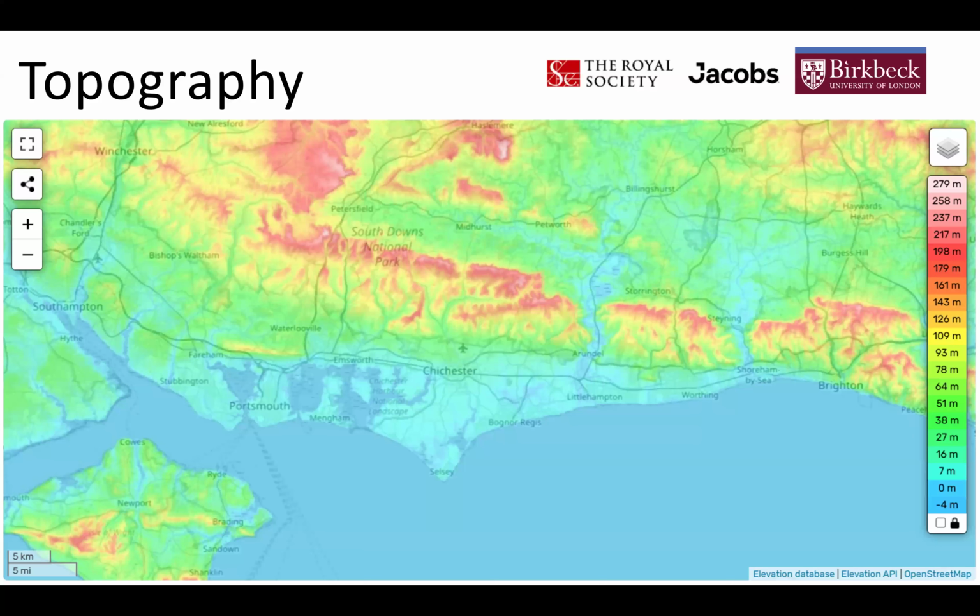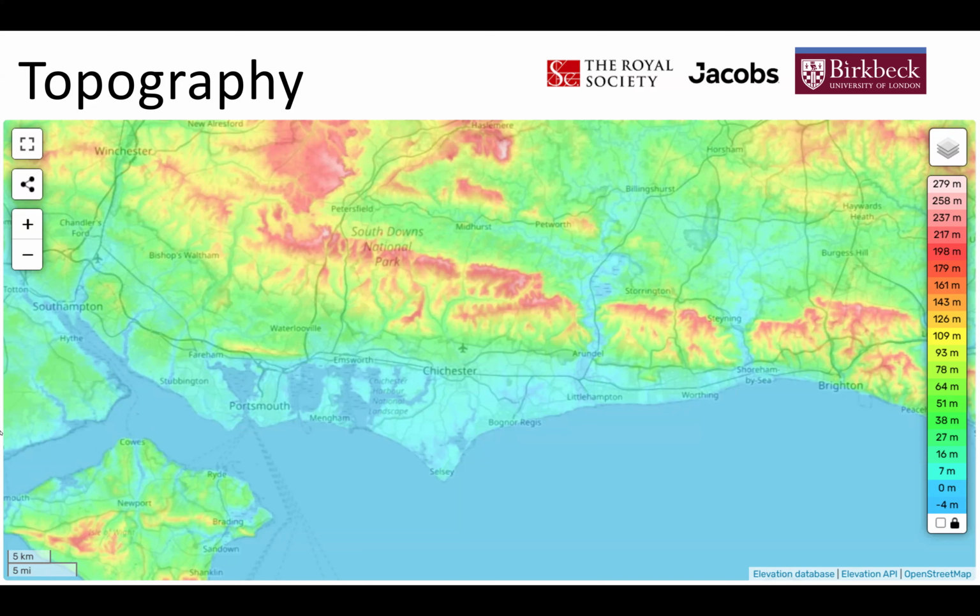And this is what it looks like topographically. So you can see the South Downs coming along from Winchester all the way through here towards Brighton, and then another area of high ground in the Isle of Wight. And then in between, it's much more low-lying.